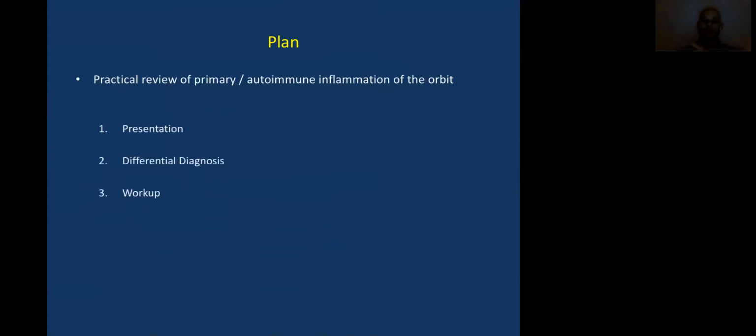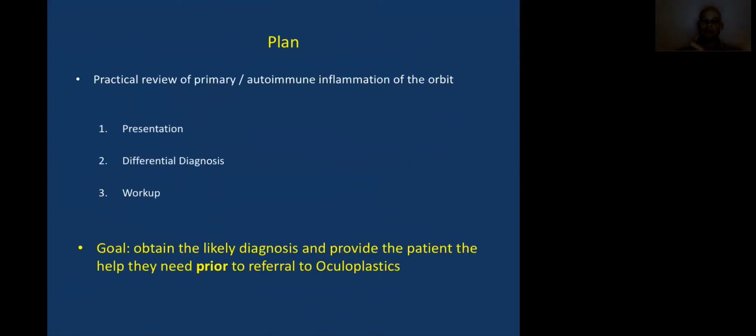We'll go over the differential diagnosis, the workup, and really the goal is just to obtain the likely diagnosis and provide the patient the help they need prior to referral to oculoplastics. But in your guys' case, because you're going to be in the field, it's also just a stronger understanding of how to view this complex pathology.